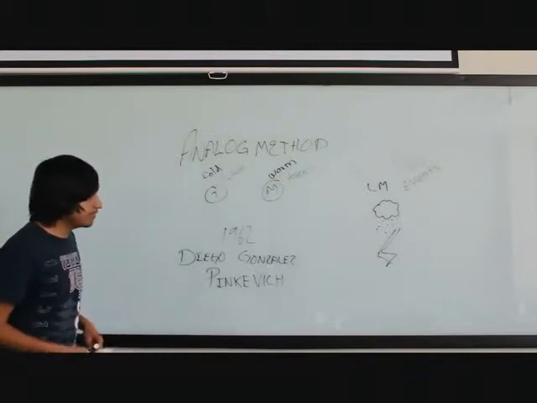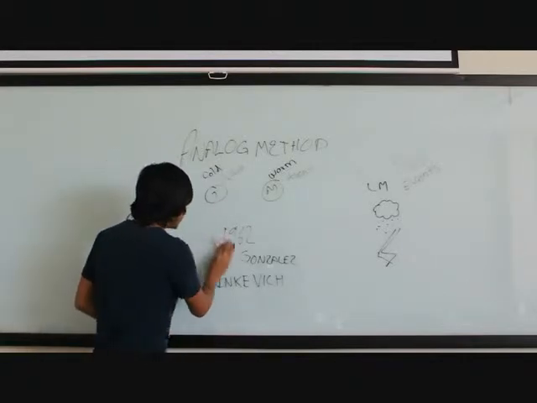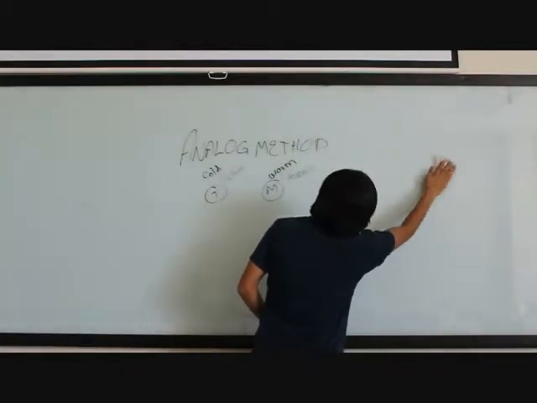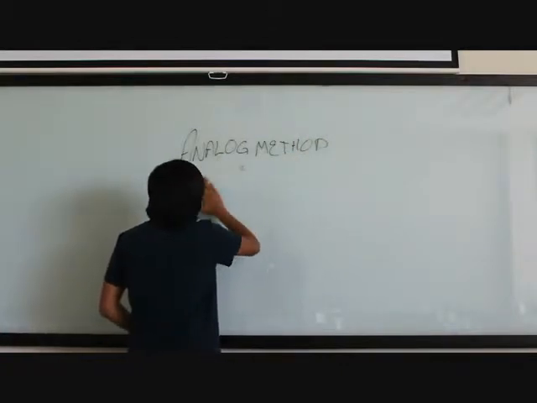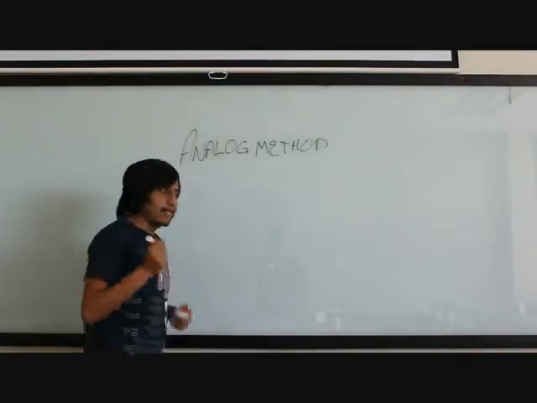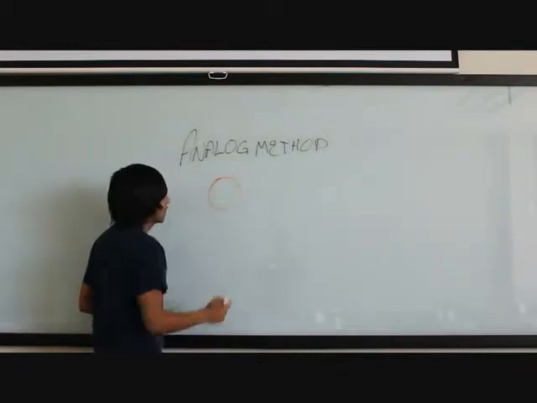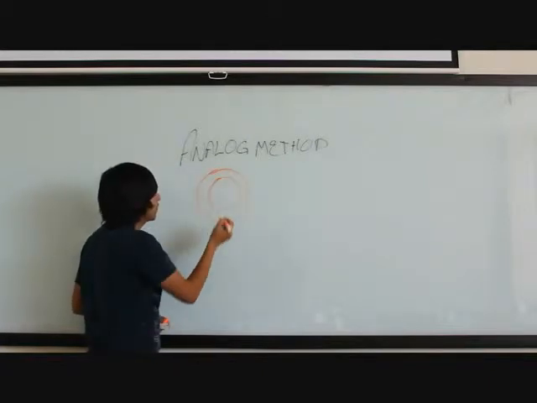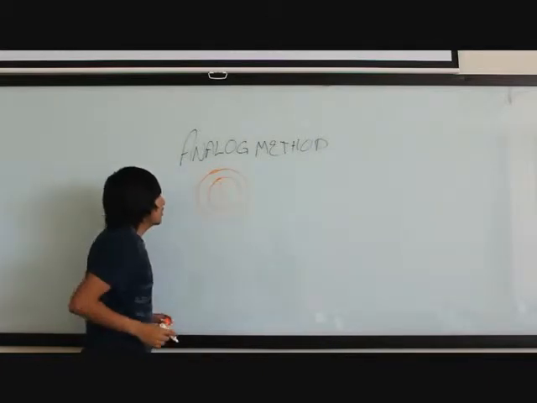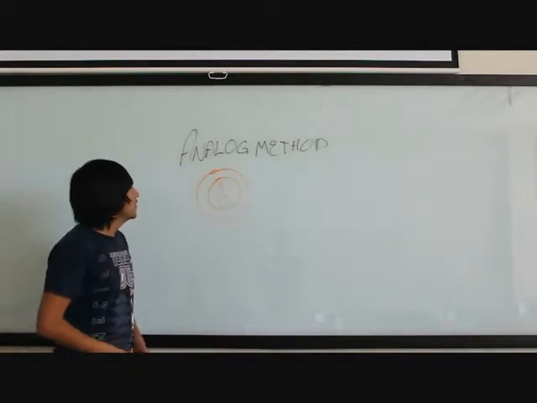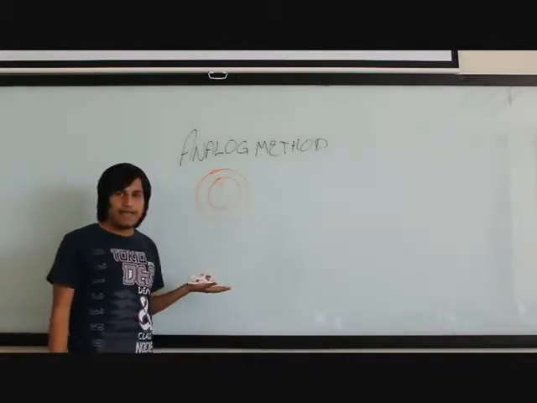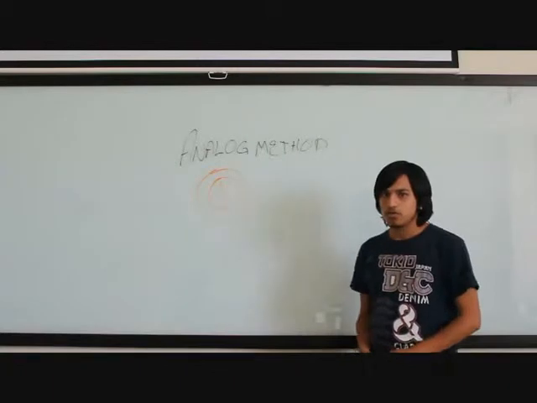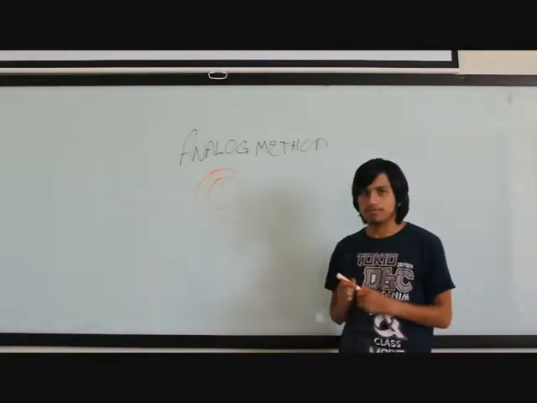Okay, I'm going to explain another example about the analog method. Well, suppose that this is the Earth. Obviously, it's a planet and has an atmosphere. And there is life on the Earth, like animals, humans, and other species.